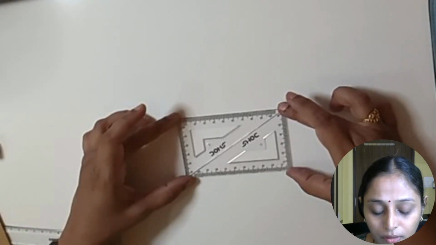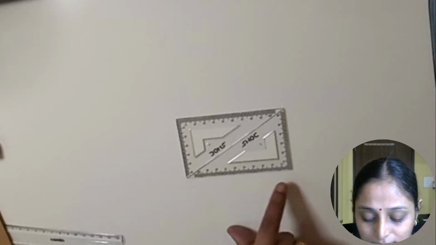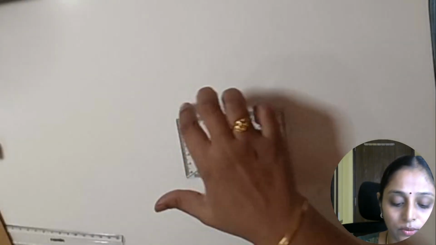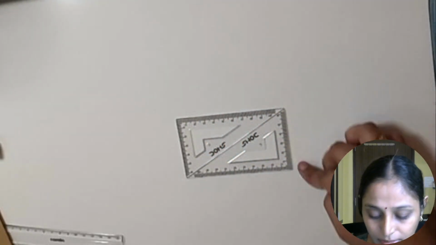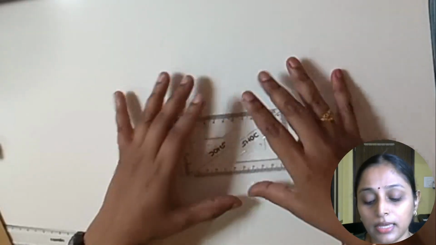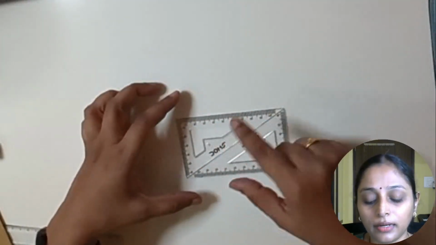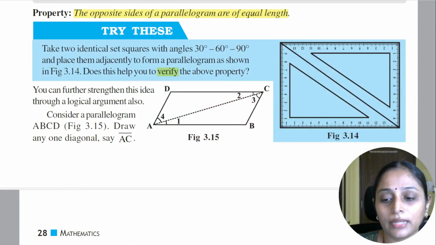So all the four angles are 90 degrees. Now here, this length is equal to this length, you have the markings on the set square, and similarly this length is equal to this length. In this special case, in this parallelogram, you can verify that the opposite sides are of equal length. Okay, so that is another way of checking it.